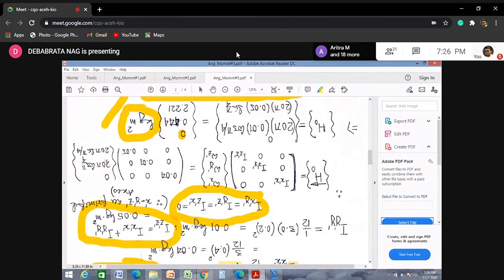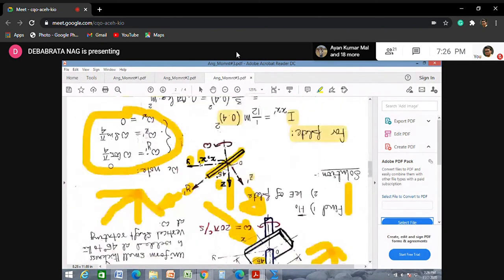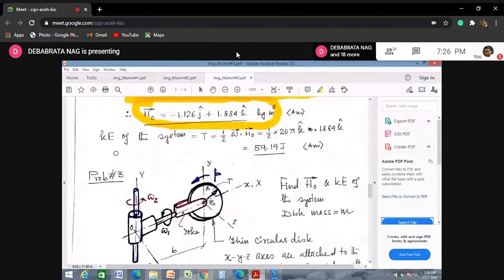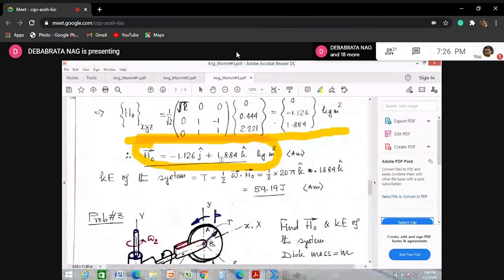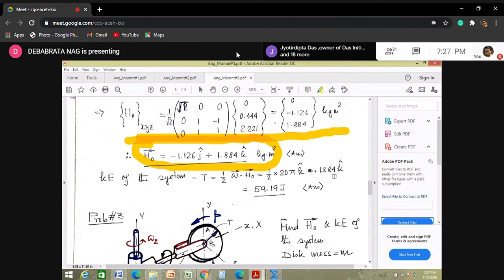You see, these angular velocity components in y dash and z dash terms are like this. So you have the complete vector cross product, a dot product. But here, if I take this one, it is simple because your angular velocity vector is just k cap. So I only require this term. This term will be totally absent from my case, and you should get 59.19 joule.